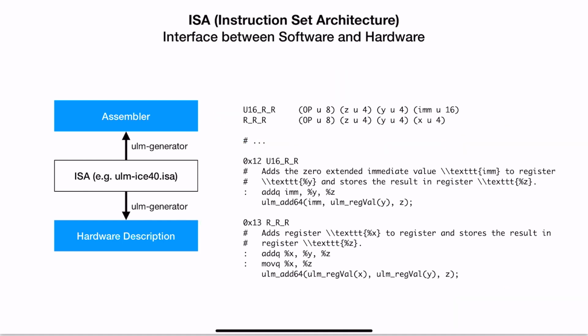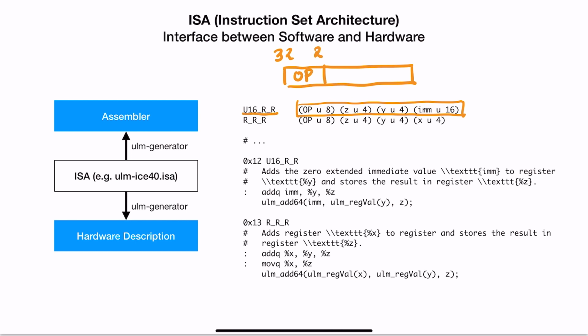Let's consider one example, this instruction format here. Now this part here describes that if you have a 32-bit instruction, let me draw it here, then these 8 bits here are the opcode.